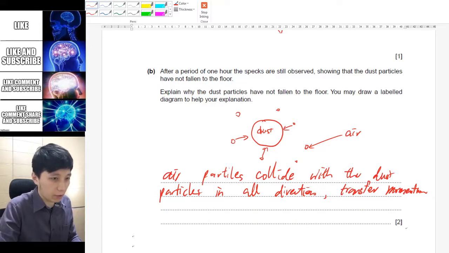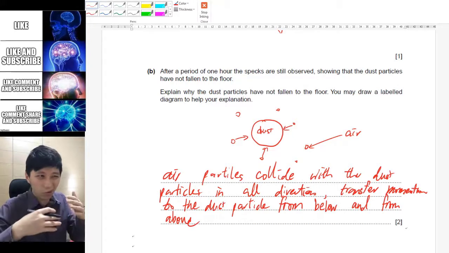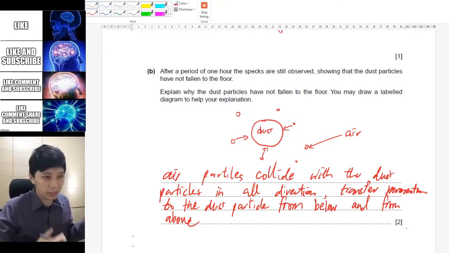So transferring momentum to the dust particle from below and from above, right? So that's why it's not going up or going down after 1 hour.